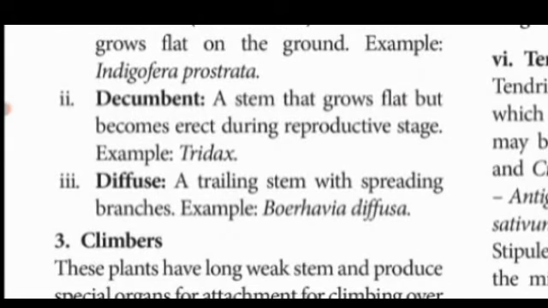At the time of flowering, the stem becomes erect and produces the inflorescence above the soil. Example, Tridax. Diffuse is a trailing stem with spreading branches. Example, Boerhavia diffusa.